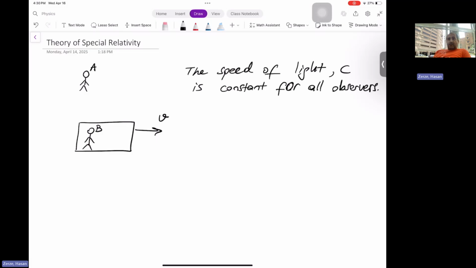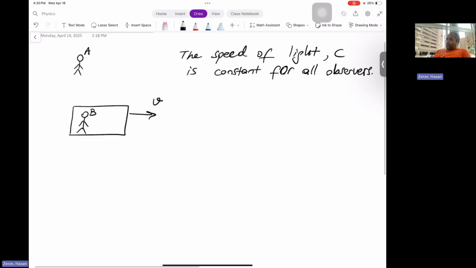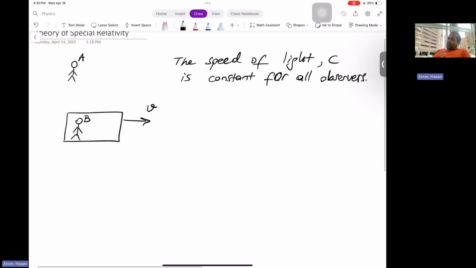And this is the central assumption in the theory of special relativity. And we are going to make use of this. And we're going to take the units in such a way that the speed of light c is 1 to just simplify things.